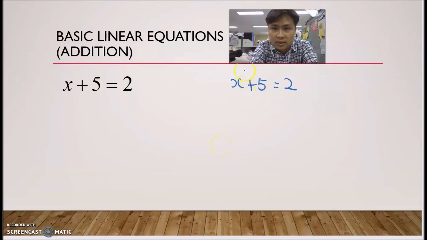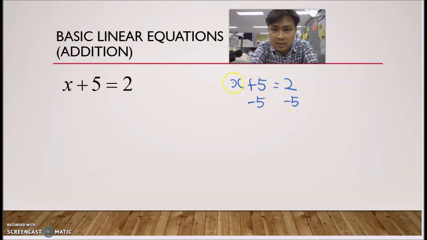Over here is plus 5, so what do we need to do to make it 0? We'll use minus 5. Minus 5 is the opposite operator, so when we take 5 minus 5, we get 0. From here, we will also minus 5, because of the principle of balance: whatever I do on the left side should be the same as whatever I do on the right side.